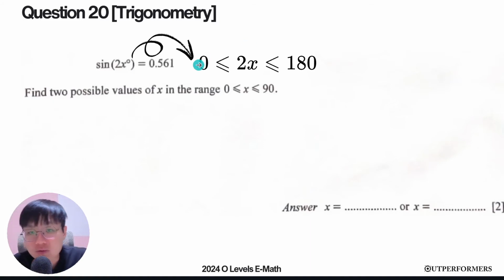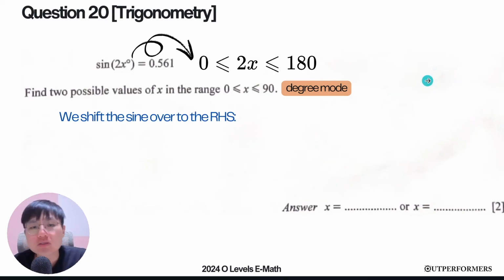We have to consider 0 all the way until 180. One more reminder is they also put it here, the degree, and 0 to 90 also means degree mode. Why is that important? Because you must make sure you change your mode in the calculator to degree mode when trigo is in the picture. Only if trigo is in the picture does your radian and degree mode in the calculator matter.